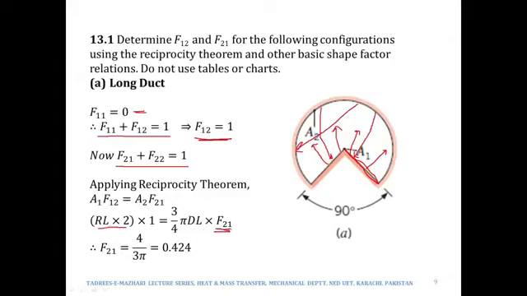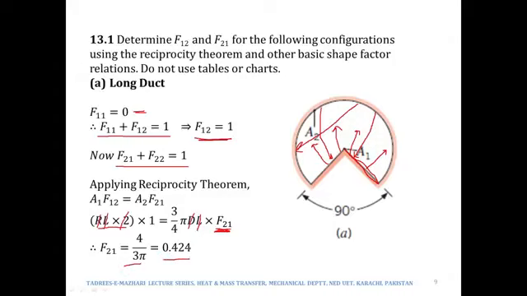So this 2R, which becomes the diameter, will get cancelled out, and this length will also get cancelled out. We will be left with 4 upon 3 pi, which means 0.424.